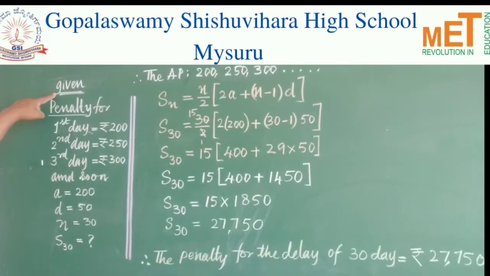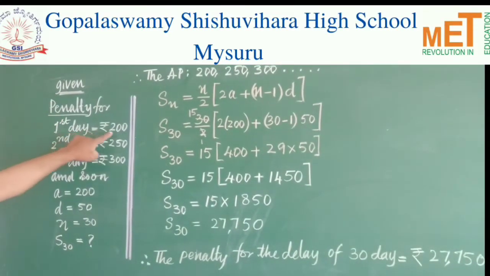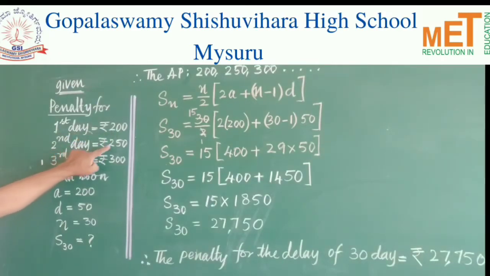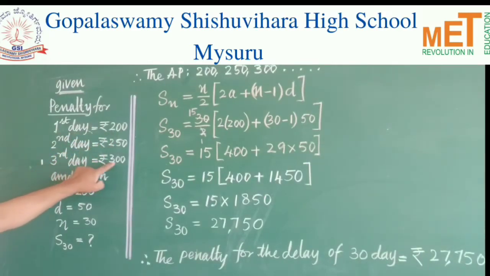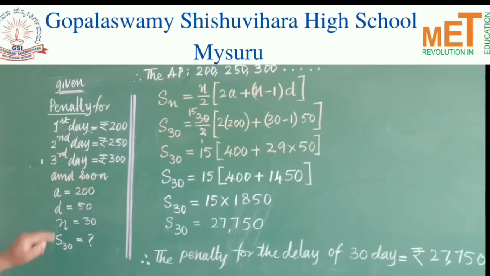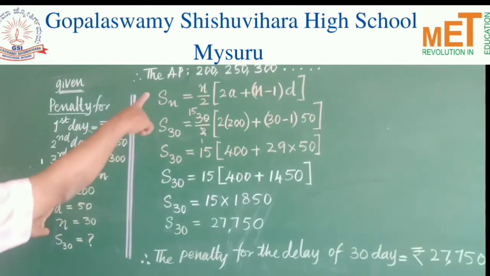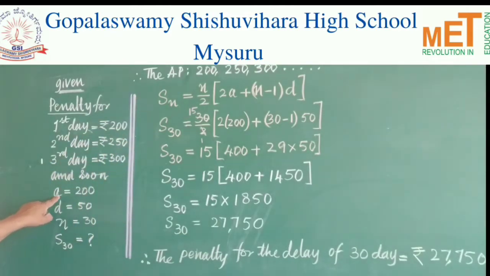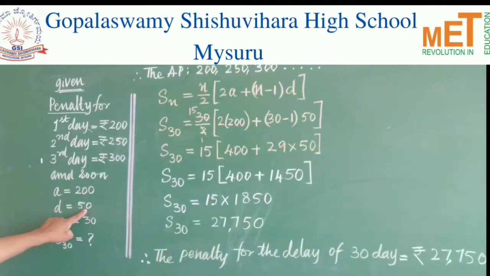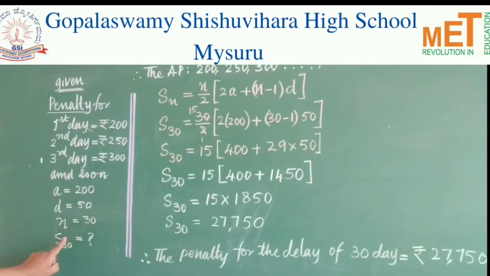So the penalty for the first day is 200, second day 250, third day 300, and so on. That means in this arithmetic progression, first term a is equal to 200, common difference is 50, number of days n is equal to 30, then S30 is equal to question mark.